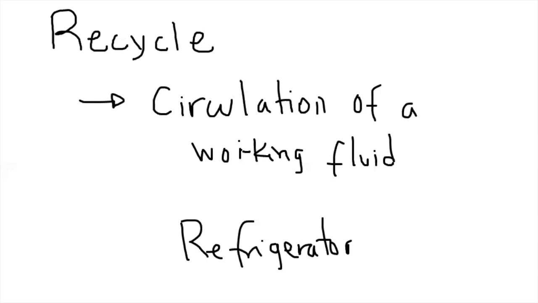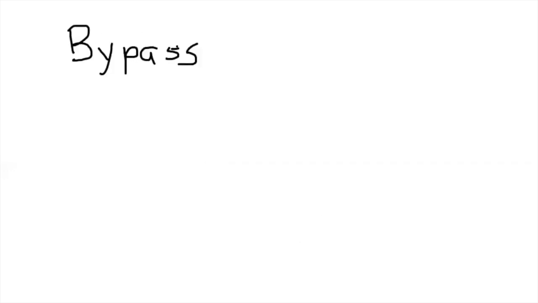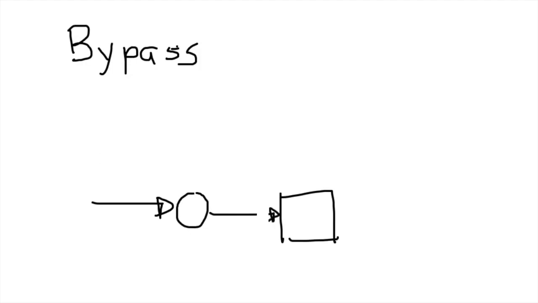Another important situation is called a bypass. If we have the feed that is going to feed into a process, the reactor or whatever, probably at the beginning we want to separate a little bit of this. The rest is going to be fed into the process.